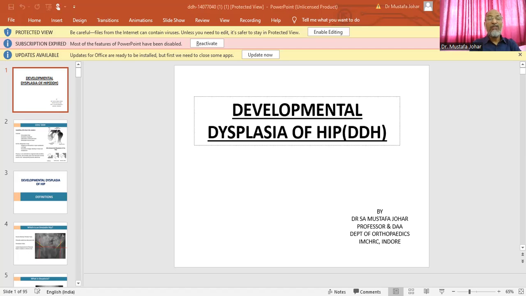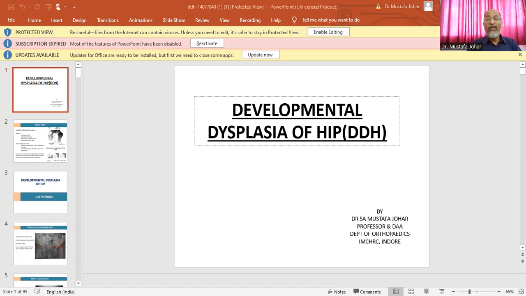As you can see in this picture, the right knee is lower and the left one is higher, and this shows a discrepancy in the level of the knee. But beware of a situation where bilateral hip abnormality is present, and this asymmetry may not be present.